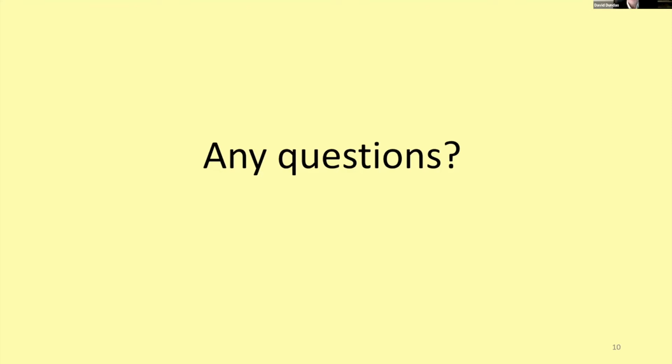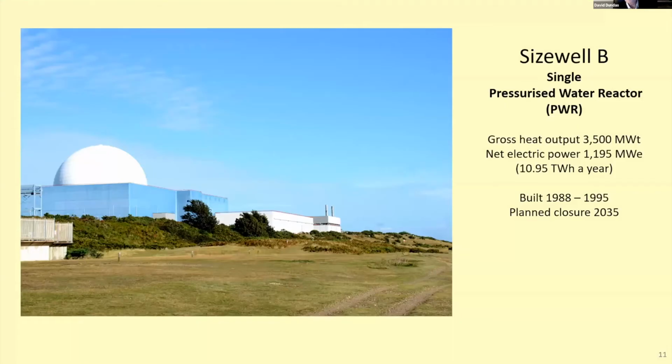And let's have a look at some actual power stations and how they work. So this is Sizewell B, which I mentioned to you already. This is our only pressurized water reactor. It's located, I think it's off the Essex coast, and it uses the seawater to cool it down.